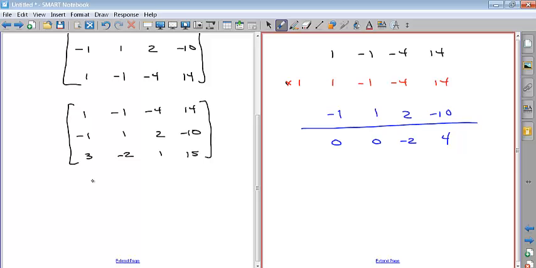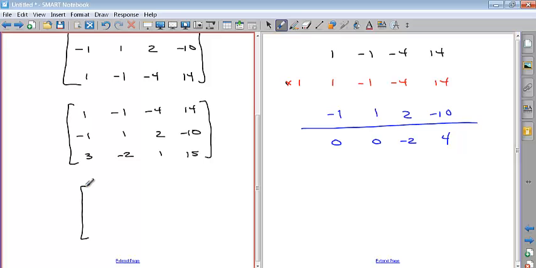Okay, so I'm just going to do that for this step. You'll see why in a second. So rewrite the first row, replace the second row with 0, 0, negative 2, 4, and then I'll leave the third row the same right now. Well, actually, what we're going to do is go ahead and do that now.